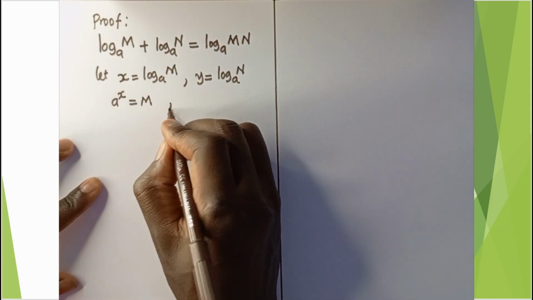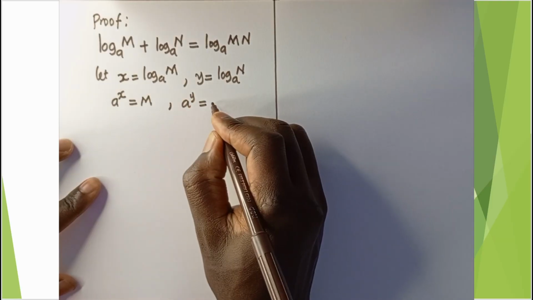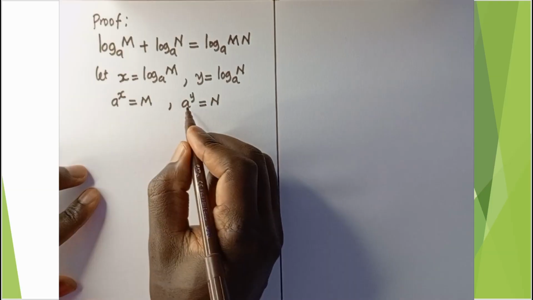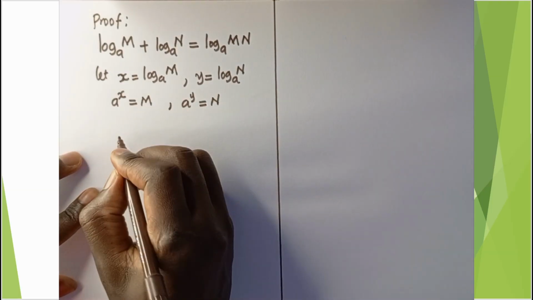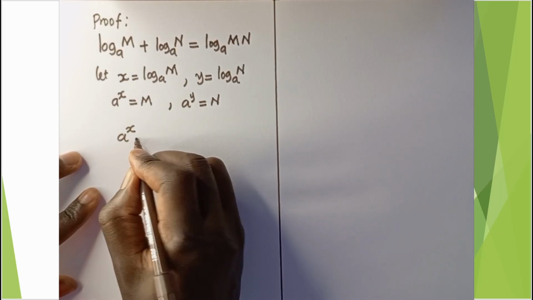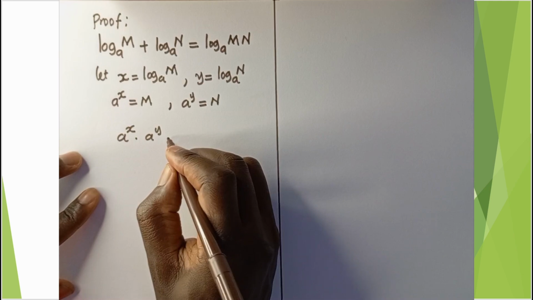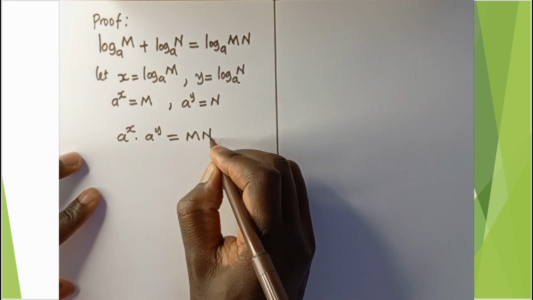We also write this as a to power y is equal to n. Now we can go ahead to multiply these two together. We shall have a to power x times a to power y is equal to m times n.